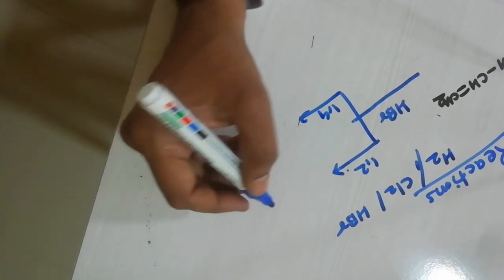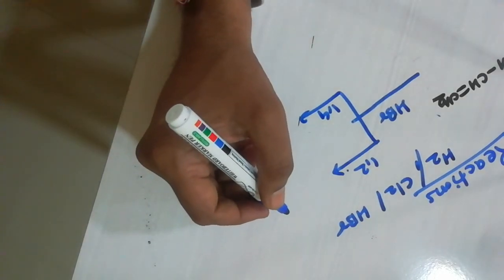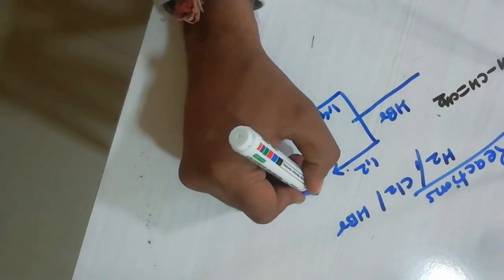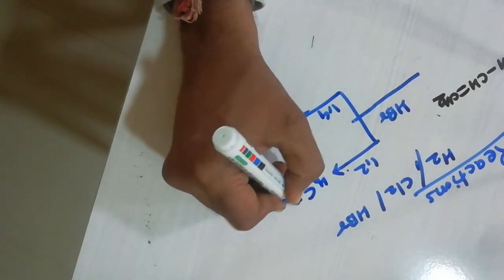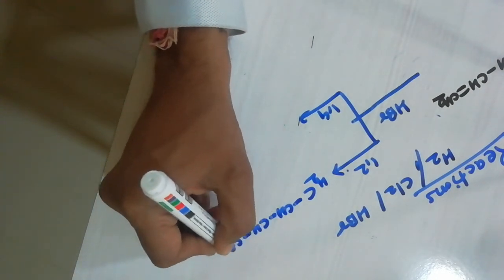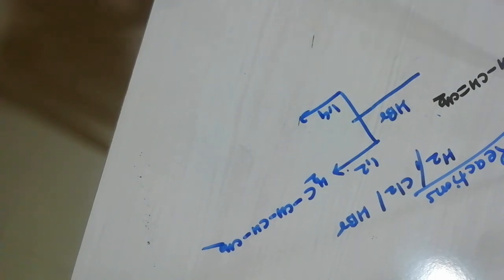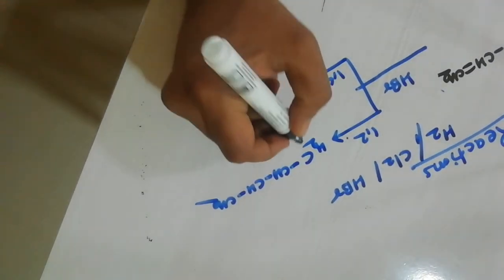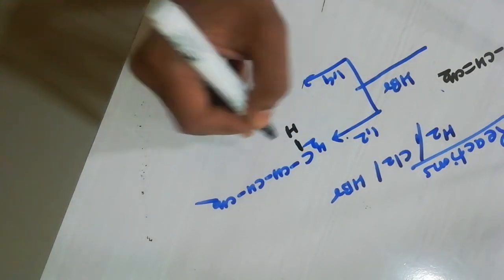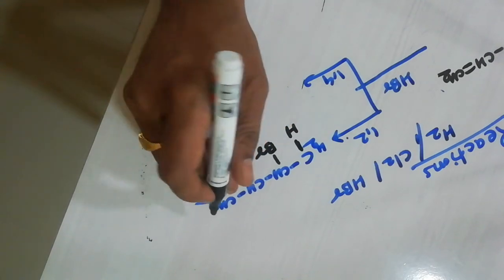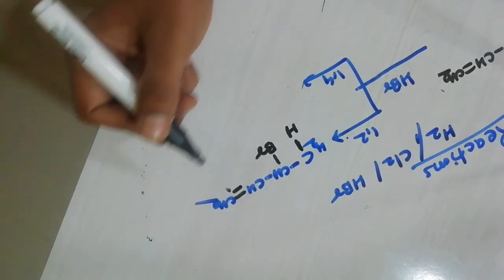Now how will the 1,2 addition product take place? During the 1,2 addition, say I will write CH2 single bond CH single bond CH single bond CH2. The H will go to the least substituted carbon of the carbon-carbon double bond according to Markovnikov's rule, and the Br will go here, and there will be a double bond between these two.